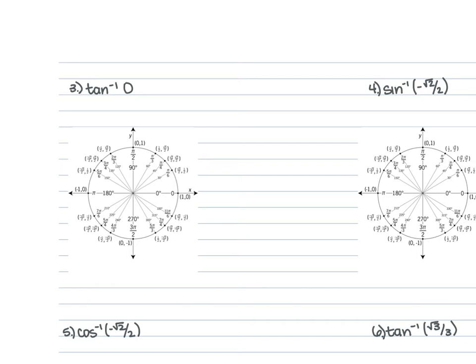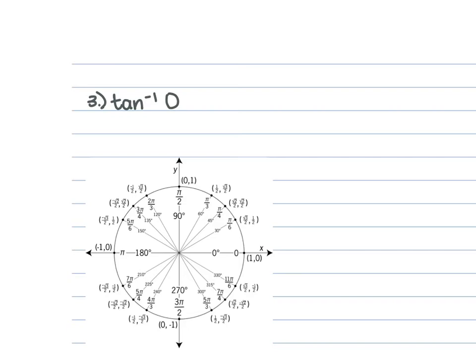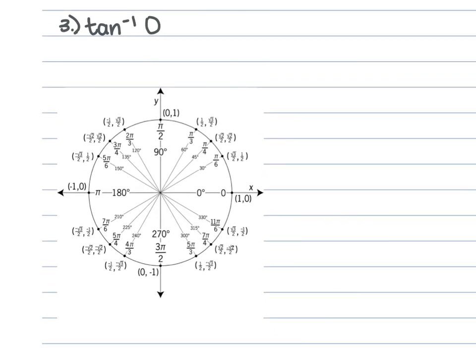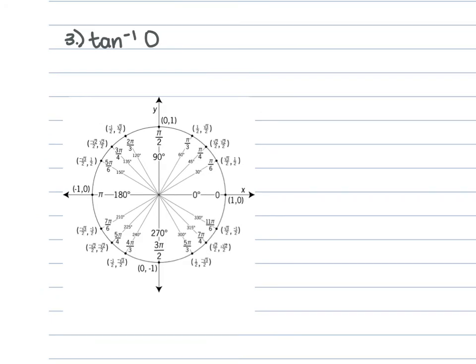For 3, we have the inverse tangent of 0. So y divided by x is 0. So think about this. If we look at this one, y divided by x, 1 divided by 0 is 1 over 0. Can you have 0 in the denominator?